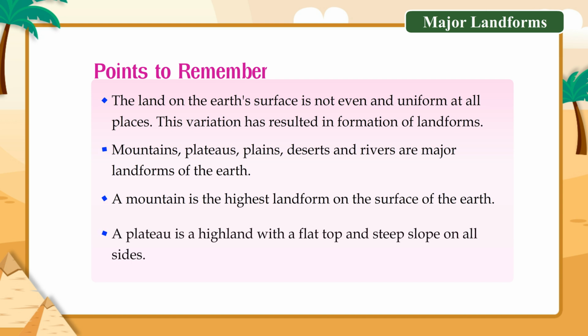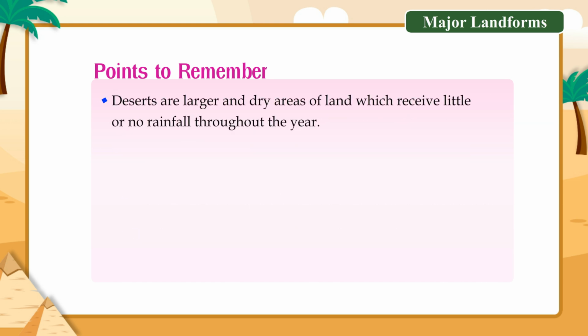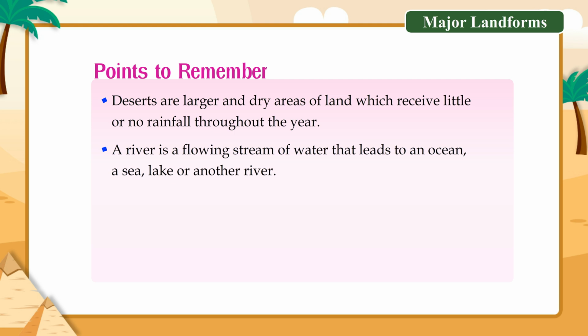A plateau is a highland with a flat top and steep slope on all sides. Deserts are large and dry areas of land which receive little or no rainfall throughout the year. A river is a flowing stream of water that leads to an ocean, a sea, lake, or another river.